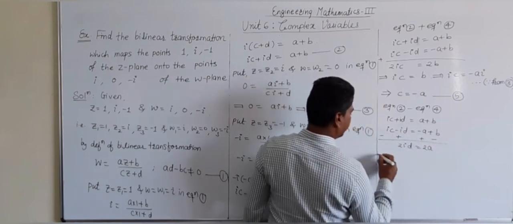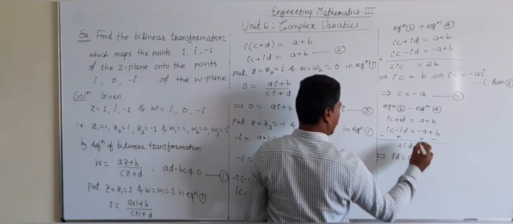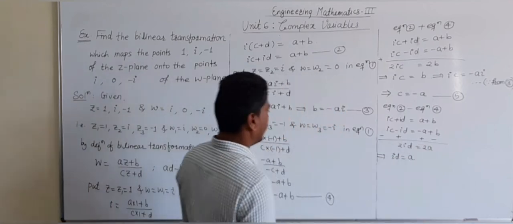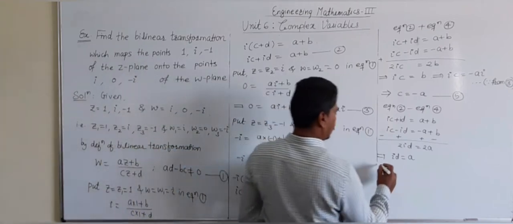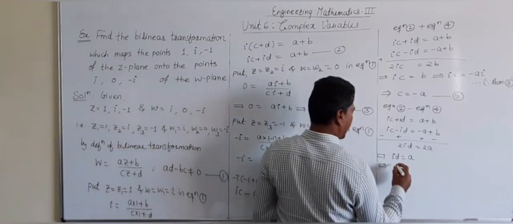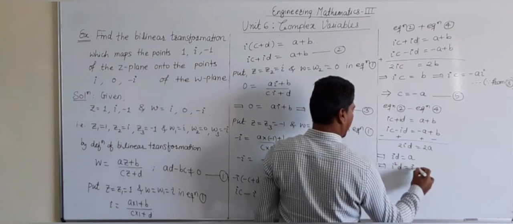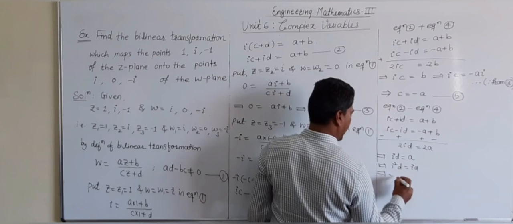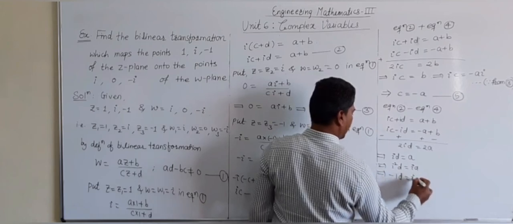So in that way we get iD is equal to A, and our requirement is to write D in terms of A. So multiplying both sides by i, we get i square D is equal to iA. So we get minus 1 into D is equal to iA.